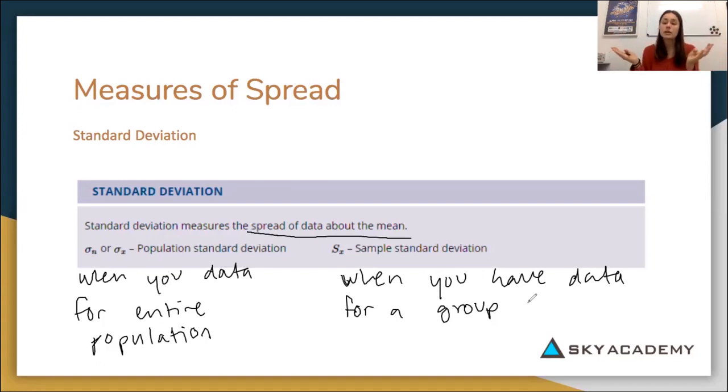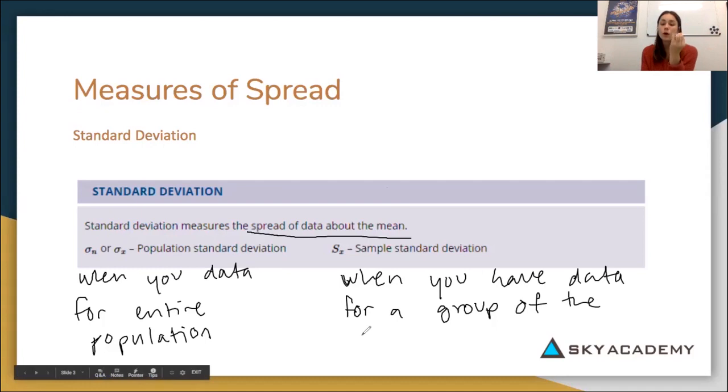That's the difference between population and sample standard deviation. You have either the entire population of something, or you just have a little group of that population. And you calculate them the same way. You just press a different button on the calculator.